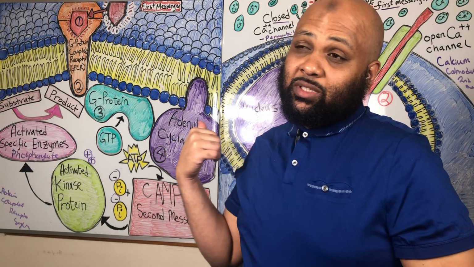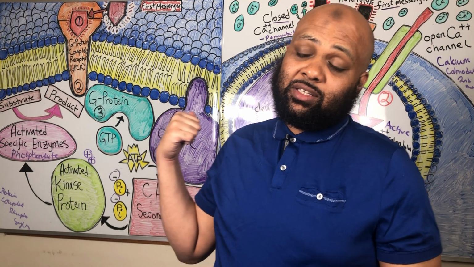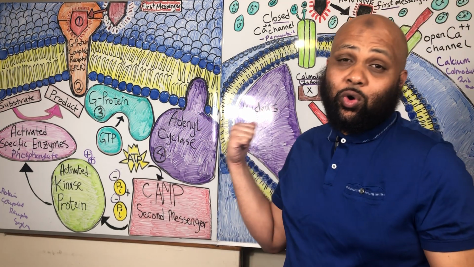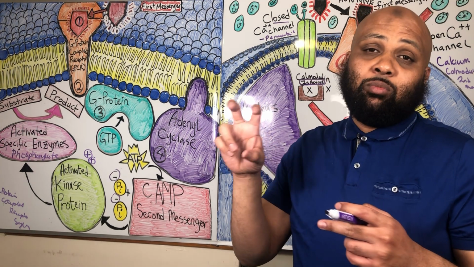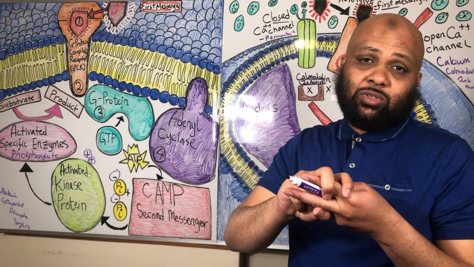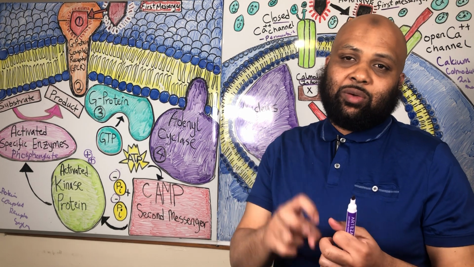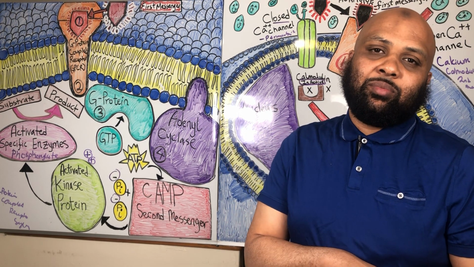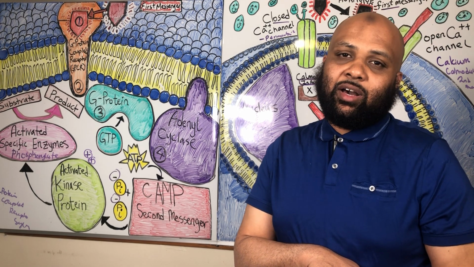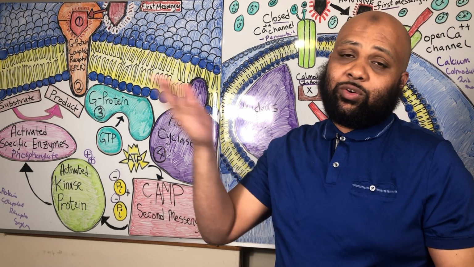But with the thyroid hormone, the receptor is not mobile. The receptor is already bound to the DNA, and it's waiting for the thyroid hormone to come in and transcribe the mRNA for us, and then the mRNA will later on be translated.